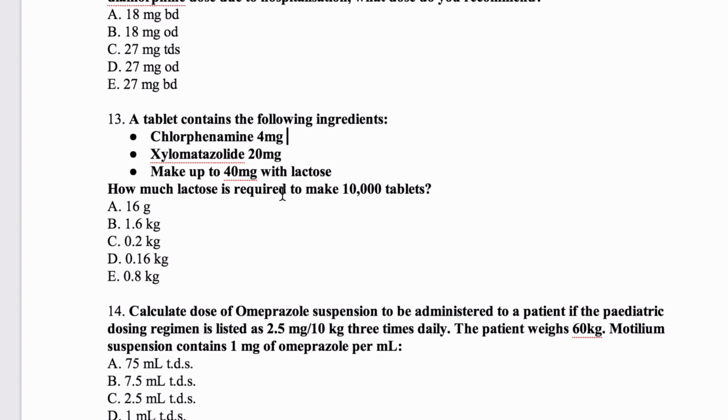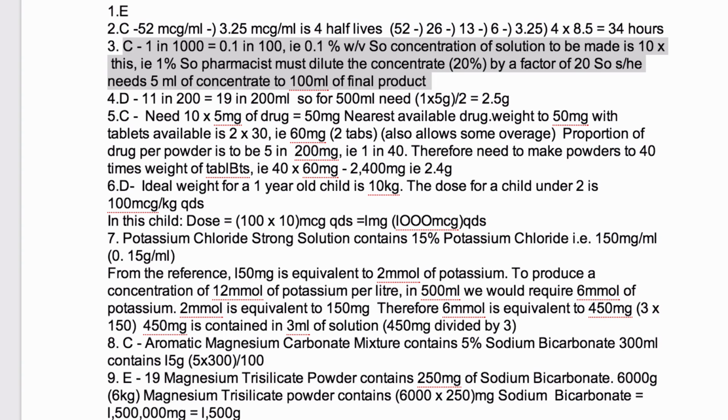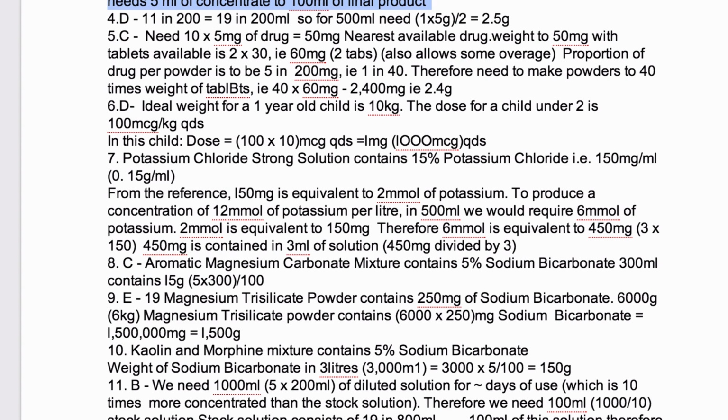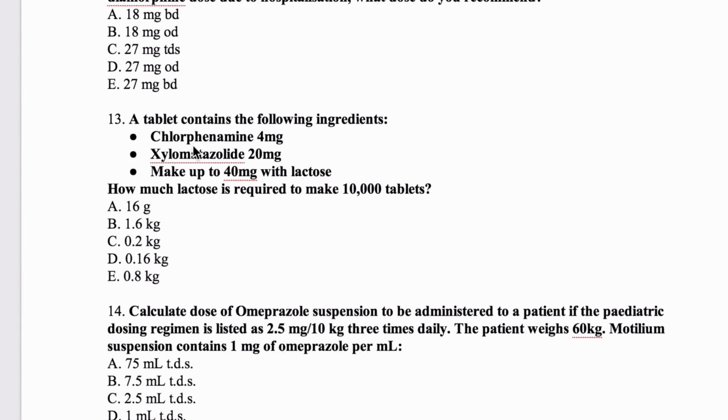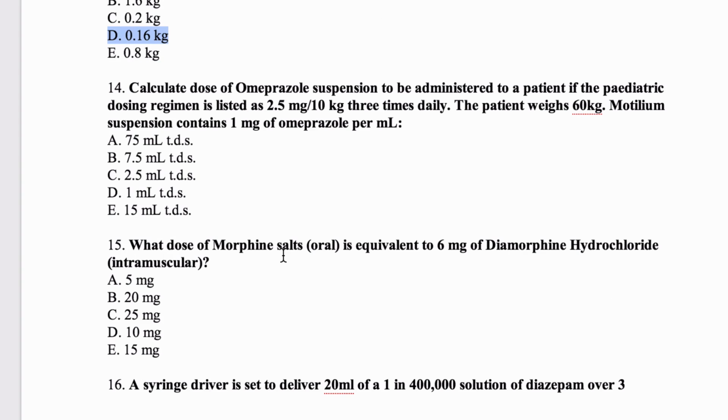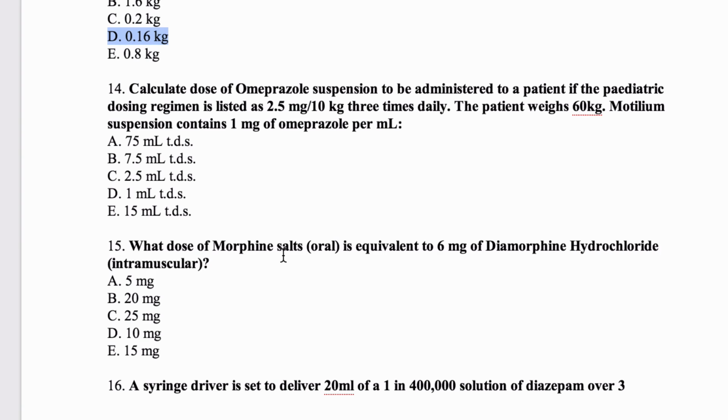To make 10,000, you just times it by 10,000. So that would be 160 grams, which is 0.16 kilograms. Yeah, D. Very good. That took you about 40 seconds.